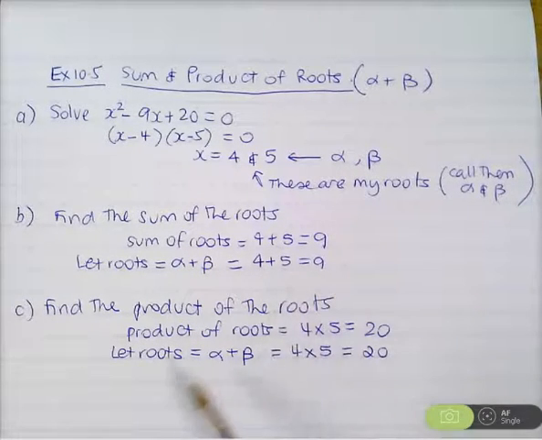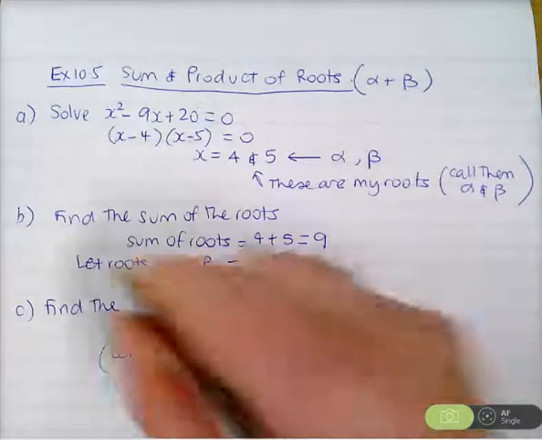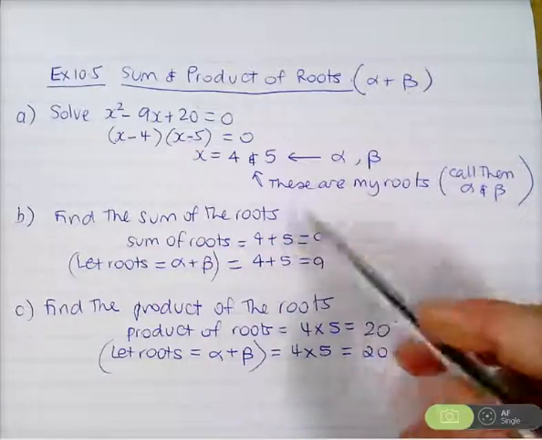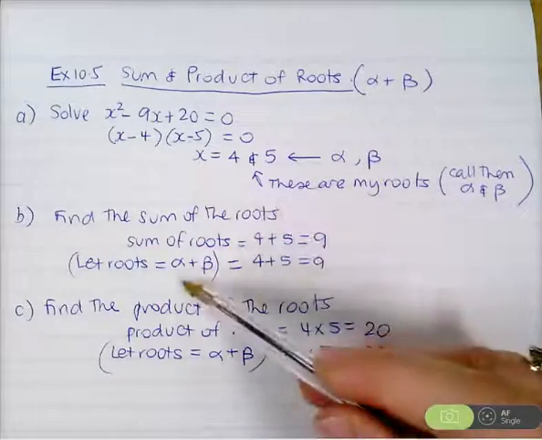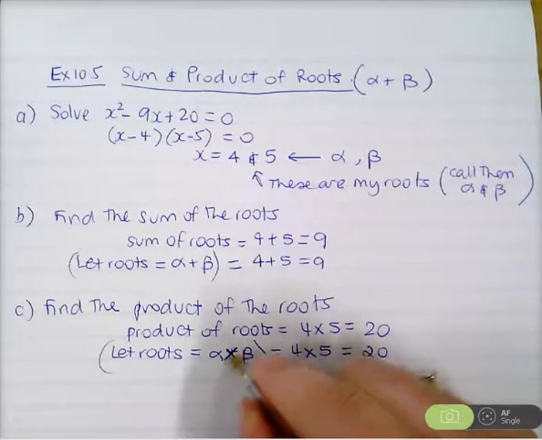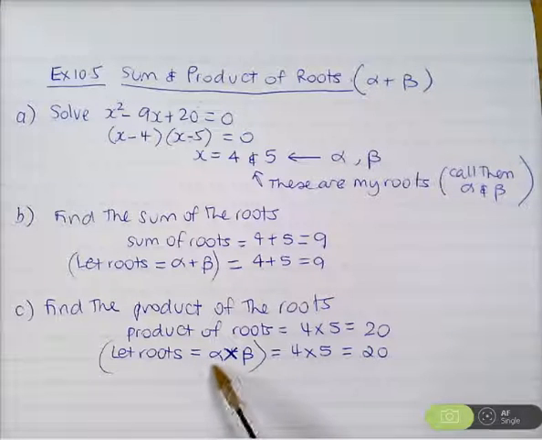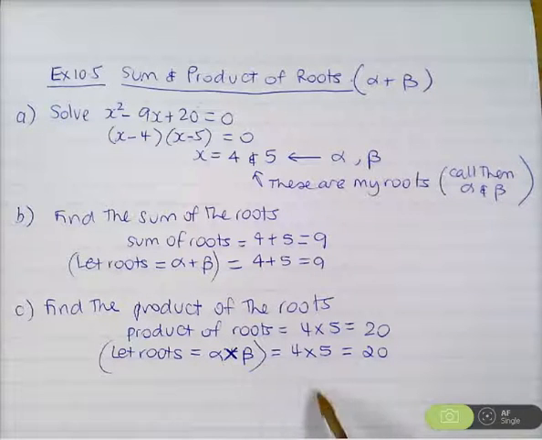It's 9. When I want the product of roots, it's alpha times beta. Are you okay with that? 4 times 5 is 20.